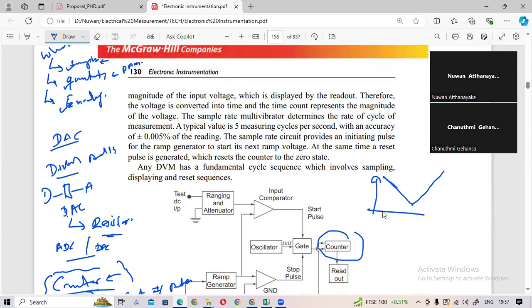Once this V ramp is equal to the input voltage, that is the voltage to be measured, it is detected.